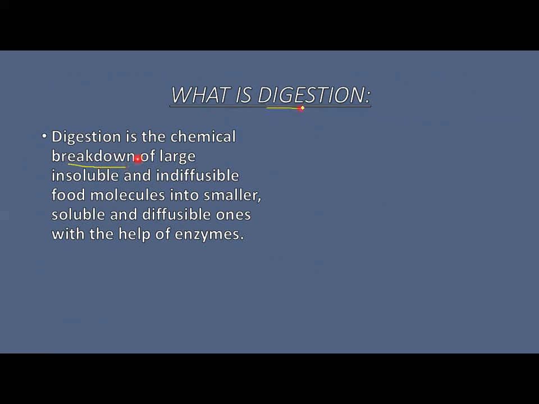The term digest means to break something. So it is the chemical breakdown of large, insoluble and indiffusible food molecules into smaller, soluble and diffusible ones with the help of enzymes. Most important thing, with the help of enzymes.